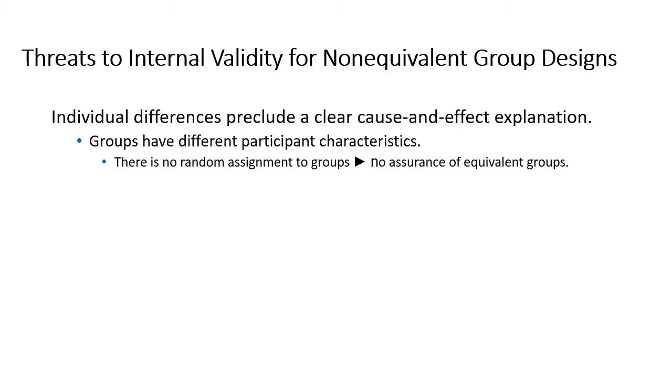The individual differences can then preclude clear cause and effect explanations. Because the groups have different participant characteristics and there's no random assignment, there's no assurance of equivalent groups, and no assurance that we can look at a cause between the treatment condition and the outcome variable.